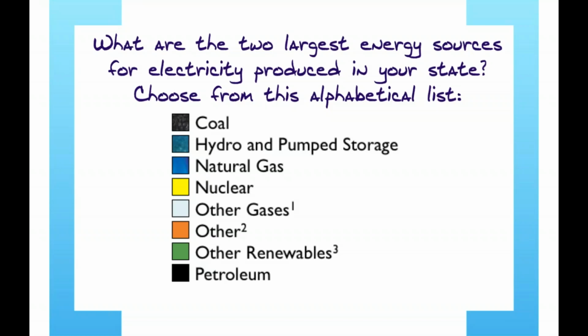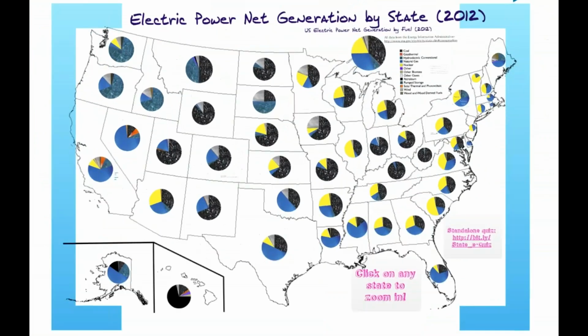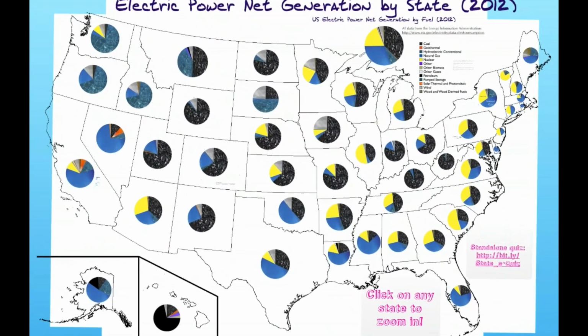And I have people raise their hands and think about that, but I'll just ask you to think about what are the 2 largest energy sources in your state for generating electricity, and then we'll go to what it looked like in 2012.